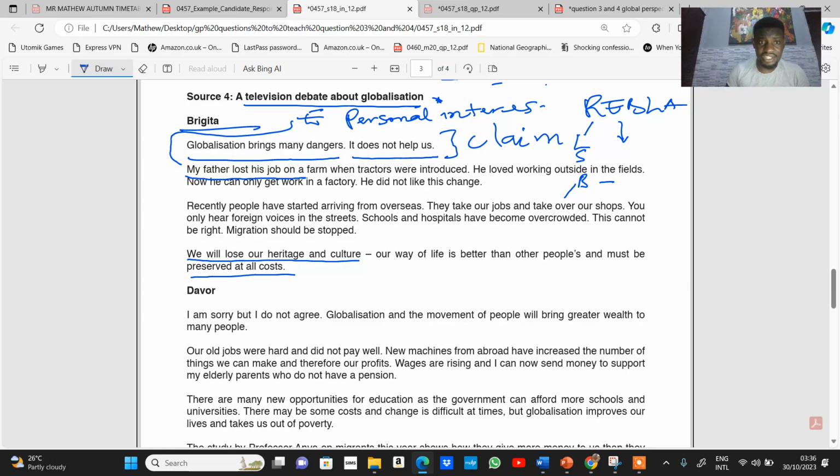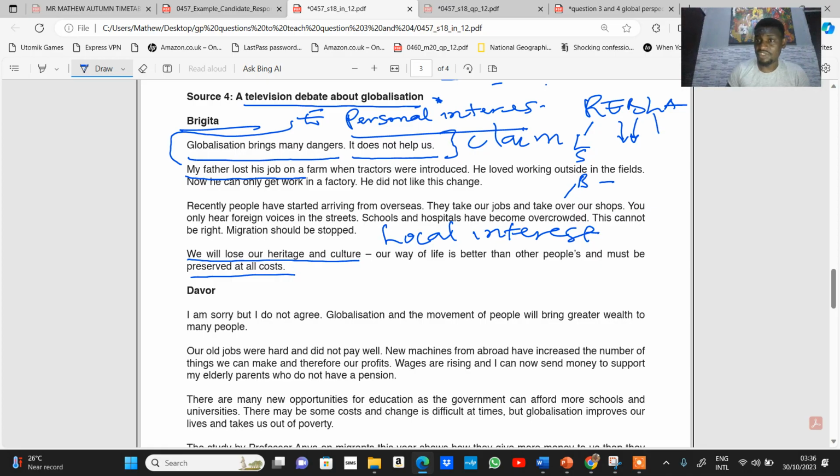Yes, she stated some evidence. Which perspective is she looking at? She's looking at only a personal perspective, and her evidence shows personal perspective, and there is local interest. Here, she made mention of local interest. Now, is her statement biased? It can be biased because her family is involved.